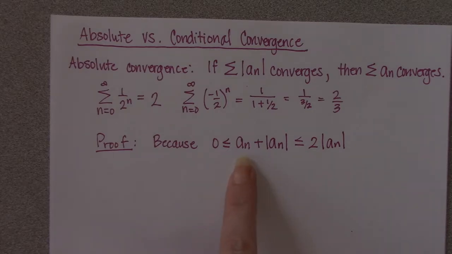So if the term is negative and you add it back to its absolute value, it's going to become positive, right? So if this were negative 1/2 plus positive 1/2, we would get 0. But if the term is positive 1/2 and you add it to positive 1/2, you would get 2 times positive 1/2. So that's what that inequality is saying.